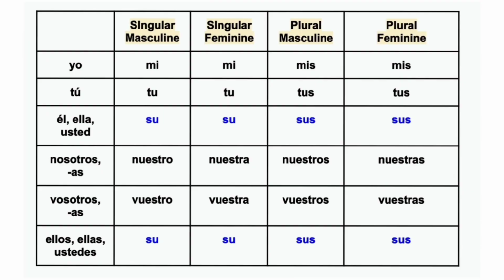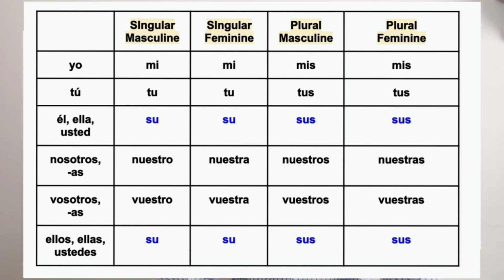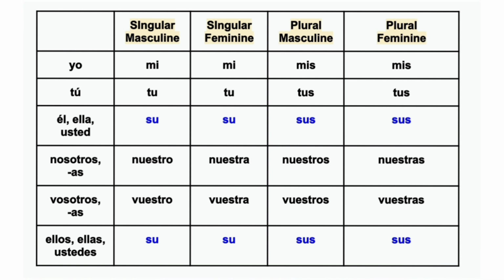In this table we can see the personal pronouns yo, tú, él, ella, usted, nosotros, nosotras, vosotros, vosotras, ellos, ellas, ustedes. And we have the masculine singular form, the feminine singular form, the plural masculine form, and the plural feminine form. For yo, tú, él, ella, usted, ellos, ellas, ustedes, we have just two forms, the plural and singular.